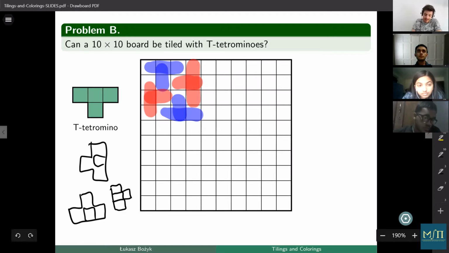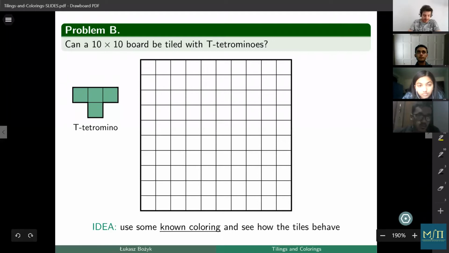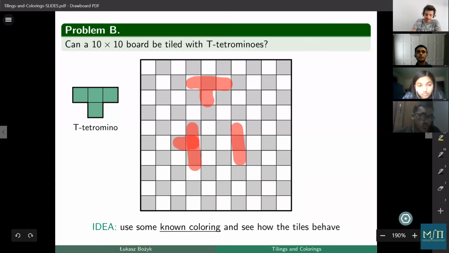And here the way would be to just take one of the colorings that come to your mind, right? For example, chessboard coloring, because we just solved the problem about it, and see how our tiles will behave with respect to such a coloring. Okay, so use a known coloring and see how our tiles behave. So let's have a chessboard and let's try to place our T-shaped tiles on it.